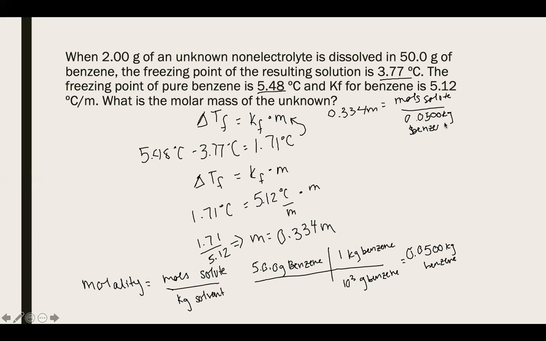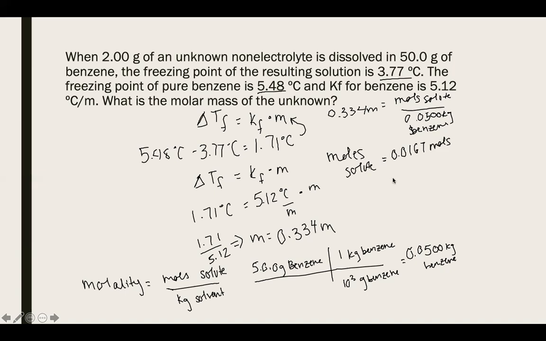Then we can get the moles of our solute. So we would multiply over this 0.0500. So then the number of moles of our solute is going to be 0.0167 moles of our solute.